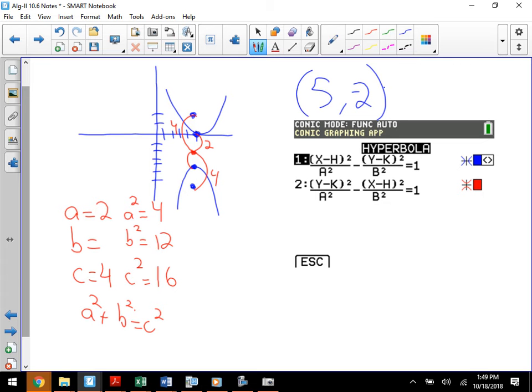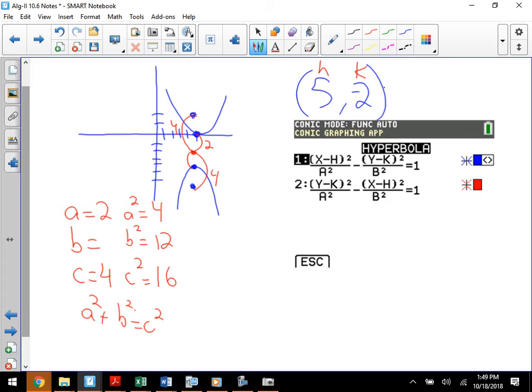Now I have to fill in the blanks. Your center is at 5 and -2. So what's 5? H. And then -2 is the k. This is the step where you will make a mistake.